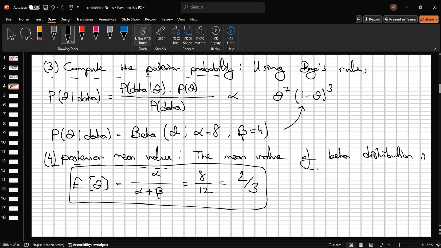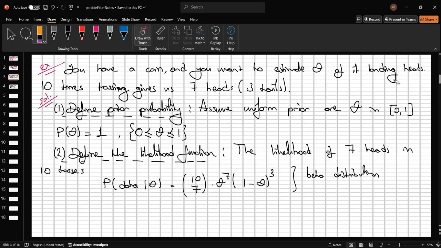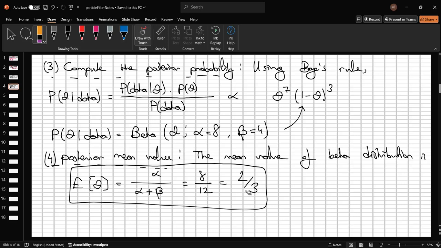Normally you can say 7 in 10 for this distribution, but it's not. For obtaining theta of it landing heads probability for given 10 tosses, the measurement gives us 2 divided by 3 chance, or 66% chance of this event happening.